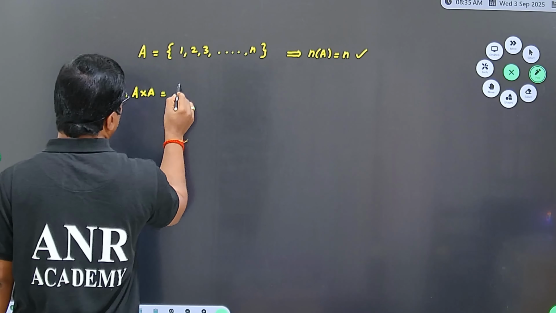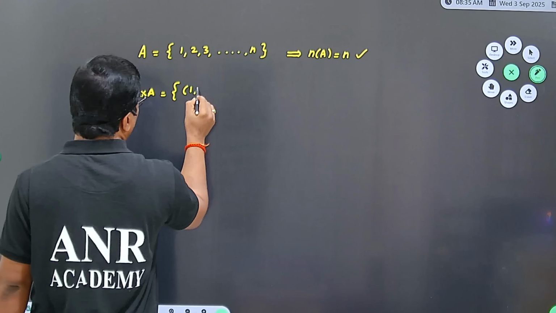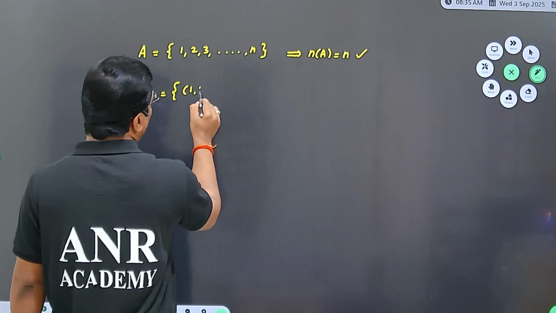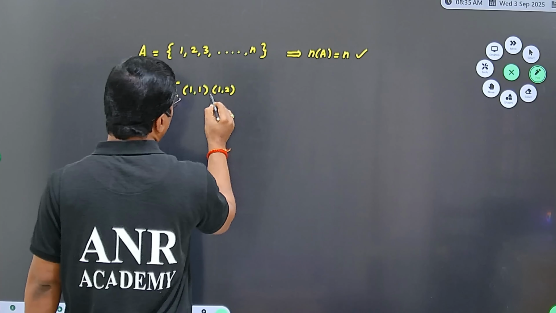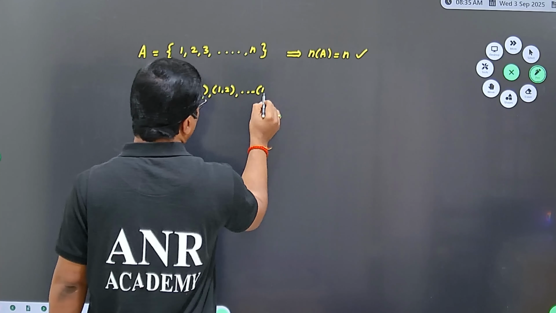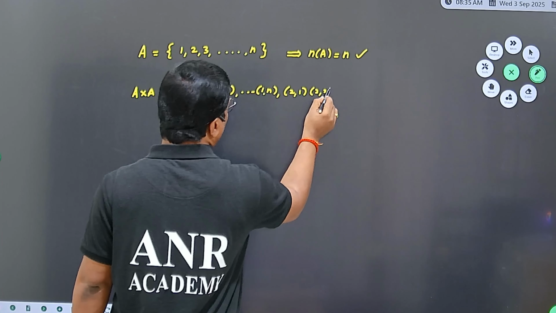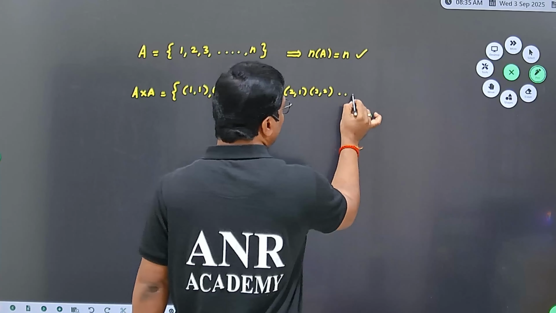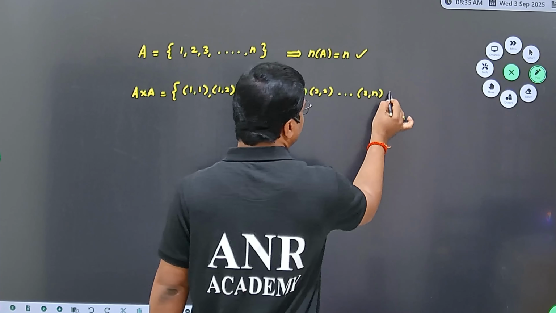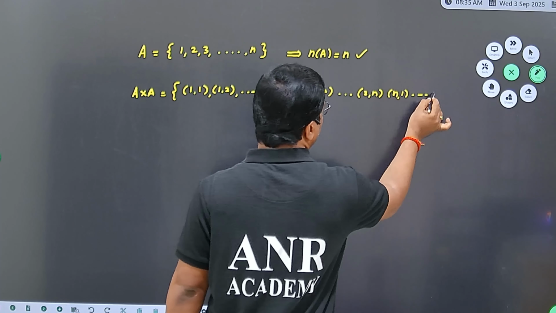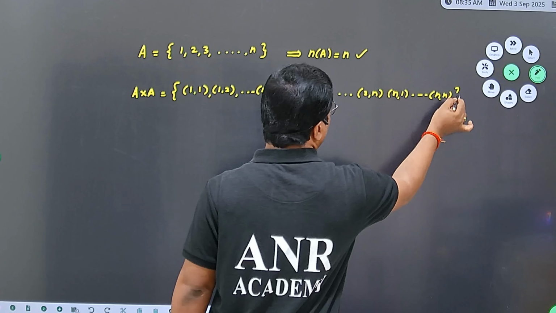Then A cross A contains the set of all ordered pairs: 1 comma 1, 1 comma 2 and so on up to 1 comma n. Next 2 comma 1, 2 comma 2 and so on up to 2 comma n. In the same way n comma 1 and so on up to n comma n.